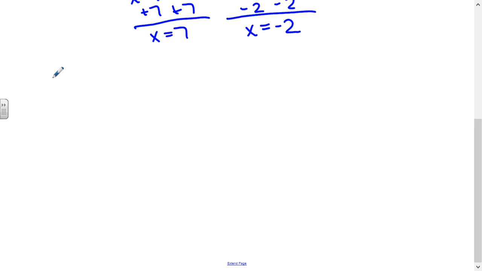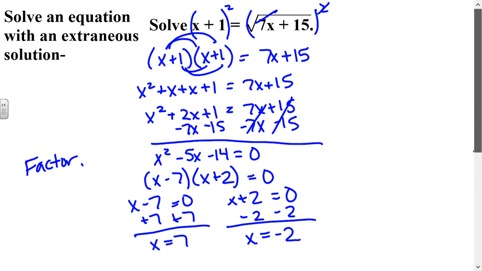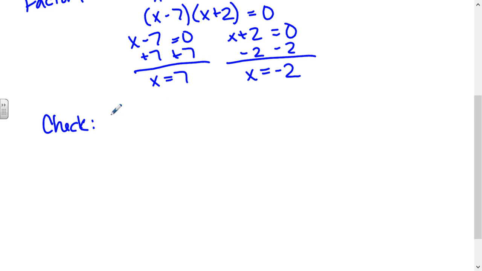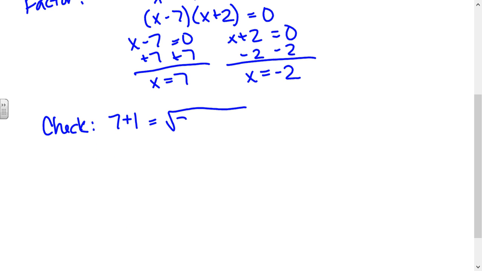Okay, so if I check x equals 7, I go back to my original equation. I have x plus 1, so 7 plus 1 equals the square root of 7x plus 15. So it's 7 times 7 plus 15. So this side equals 8, obviously. And then 7 times 7 is 49.